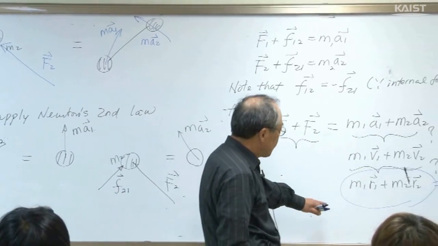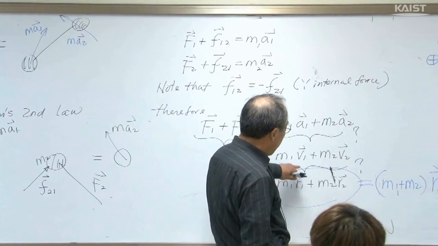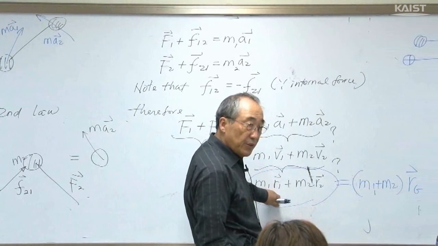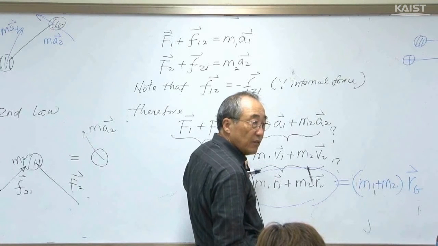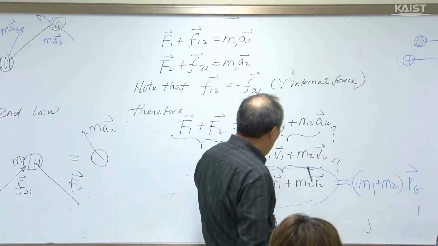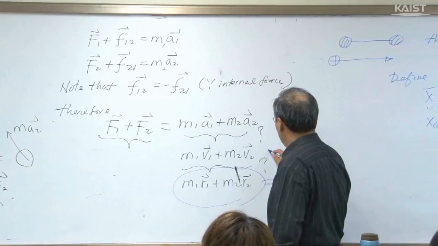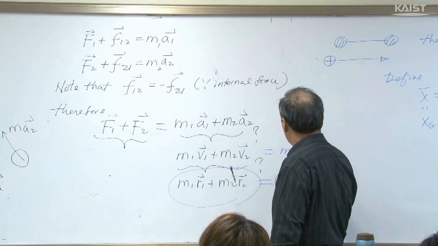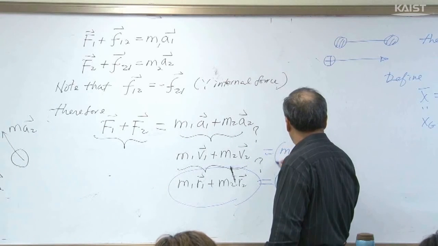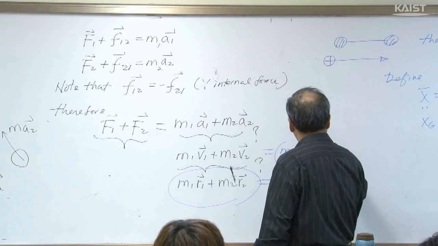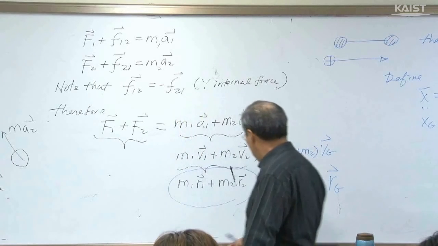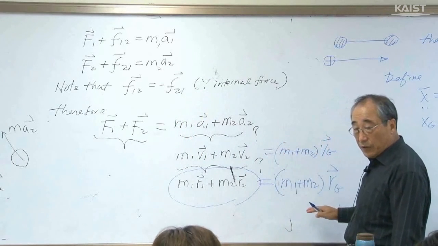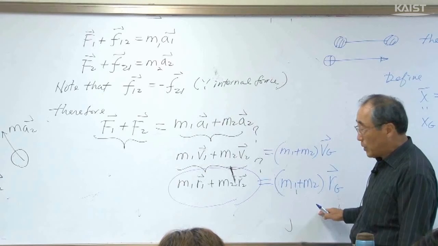Then, taking a derivative of this with respect to time will give this. Therefore, this is equivalent to the velocity of the center of mass, because I'm taking a derivative with respect to time over this expression.